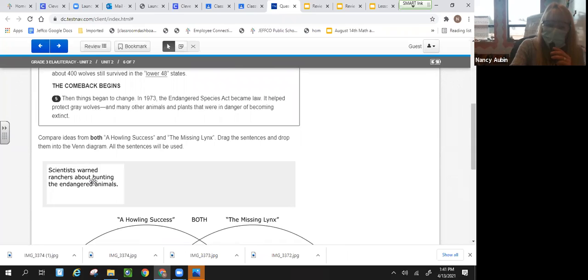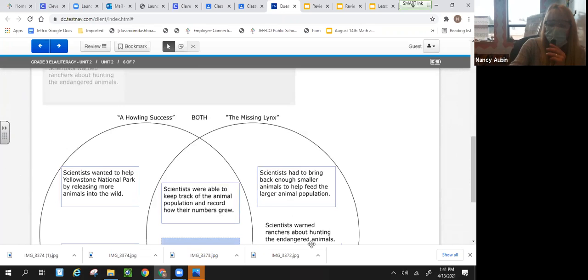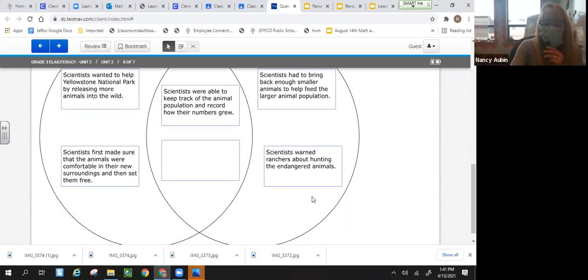Scientists warned ranchers about hunting the endangered animals. What do you think? The Missing Links, because they were trying to make sure that people aren't going to hunt them. Because they wanted the bunnies for themselves, and they wanted to kill the lynx because they were eating the bunnies.